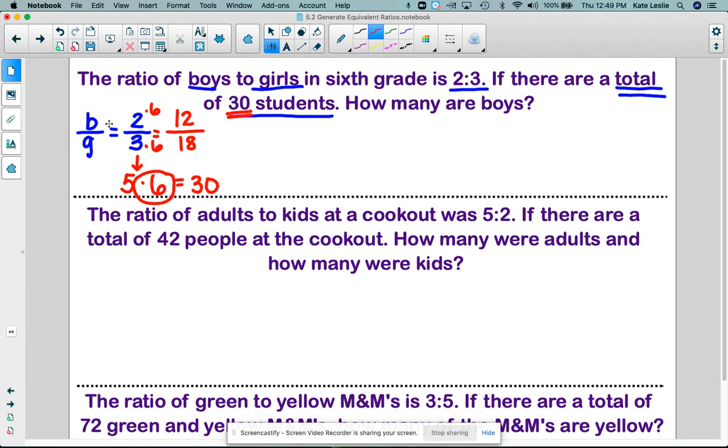Now let's go back to the question. It's asking how many are boys? So I can answer there are 12 boys. If you need to double check, we know that 12 plus 18 does equal the total 30 students.